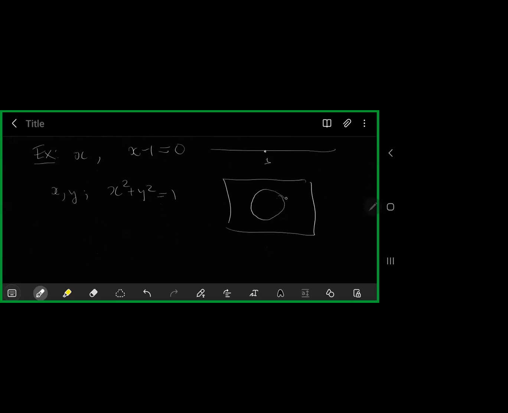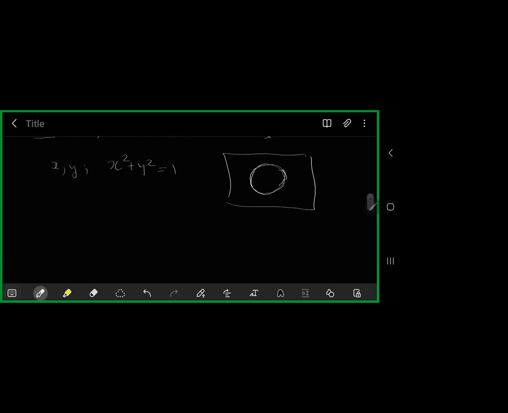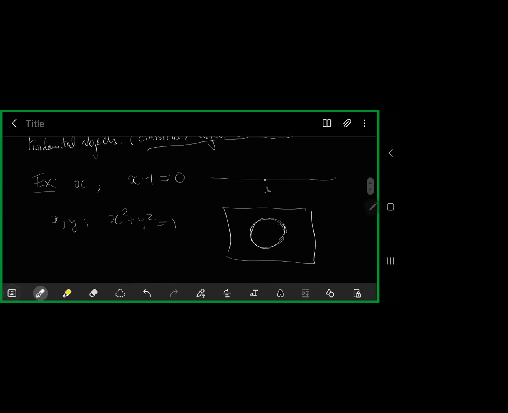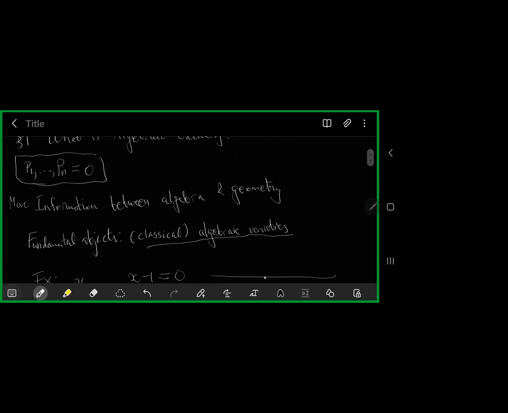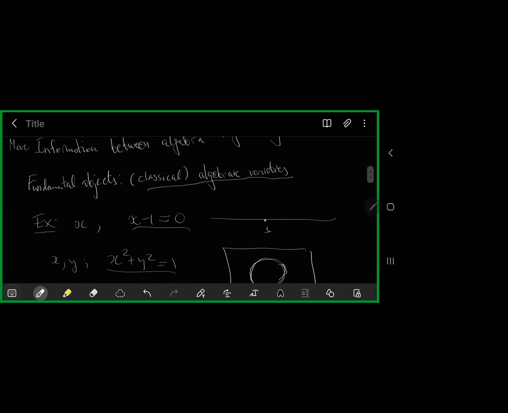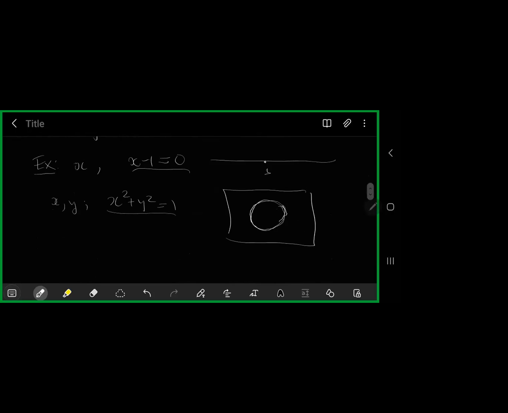So that's going to be my classical algebraic variety. Those are two examples, and both of them satisfy the condition. In both of those cases, I have one polynomial and a bunch of variables, and I'm setting those equal to 0.